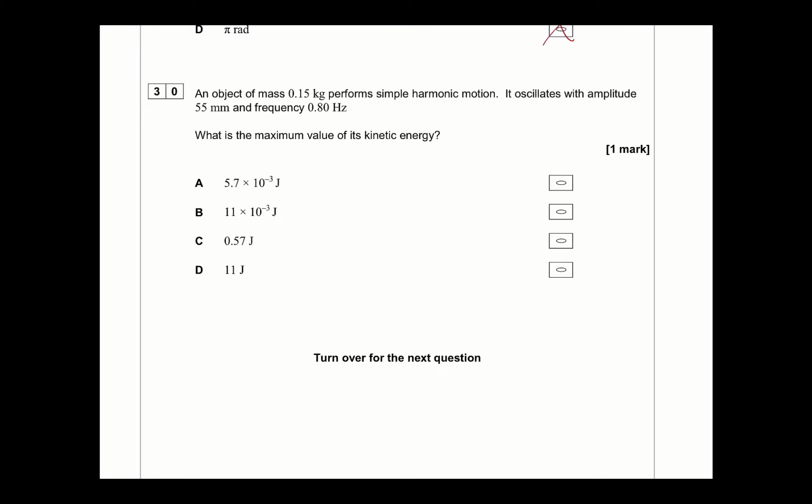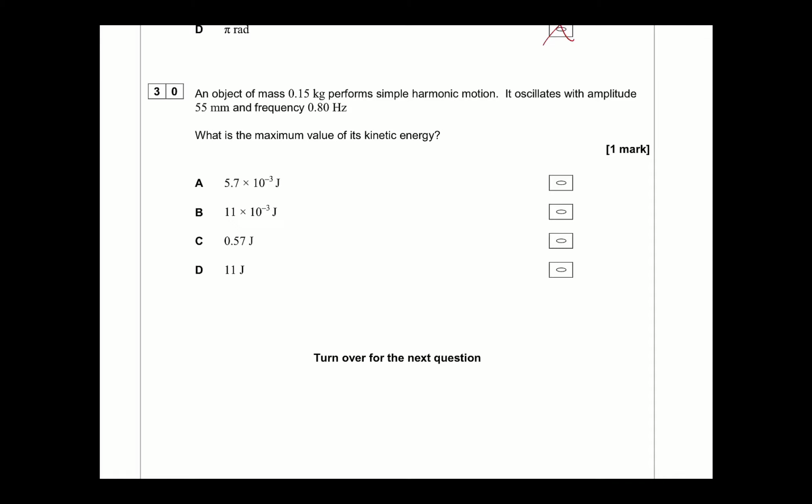30. Maximum value of its kinetic energy. An object of mass 15 kilograms performs simple harmonic motion. It oscillates with an amplitude of 55 millimeters and a frequency of 80 hertz. What is the maximum value of its kinetic energy?